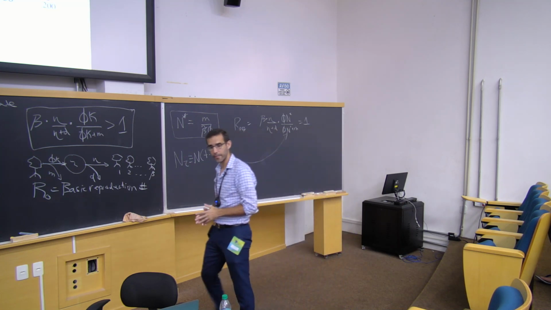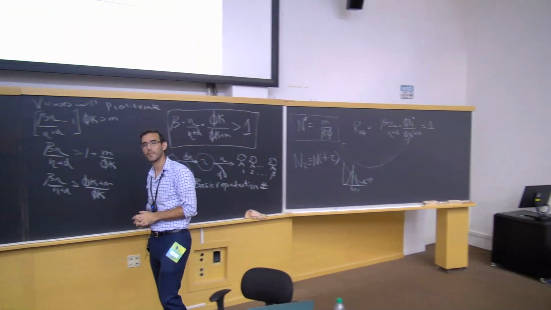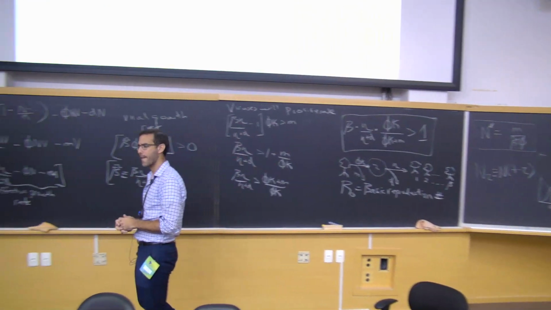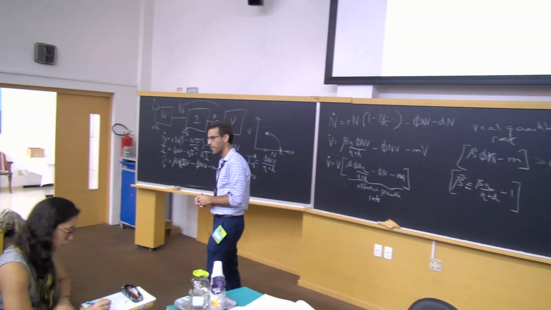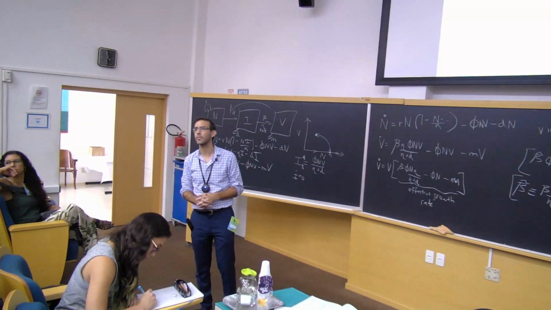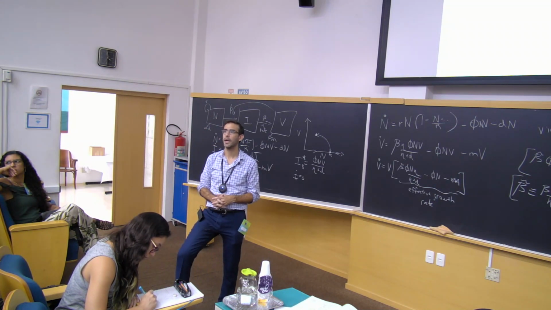Professor, last week in my group we worked with a system which is an entomoparasitic nematode, meaning that it has to kill its host in order to reproduce. So it's very similar.